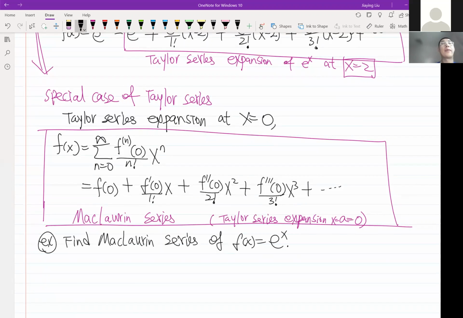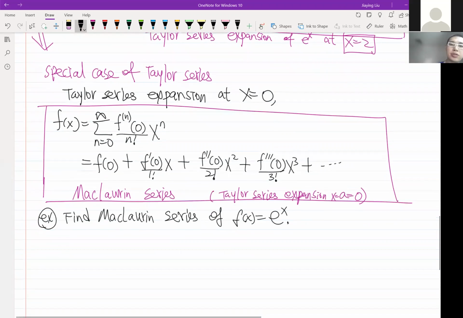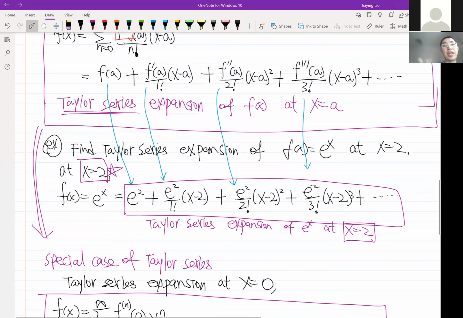So here we don't just say, we expand this about x equals 0, because when we see Maclaurin series, we already know it's expanded at x equals 0. So we're just going to use the Maclaurin series. You can use the Taylor series we had before, but now it's just a equals 0.